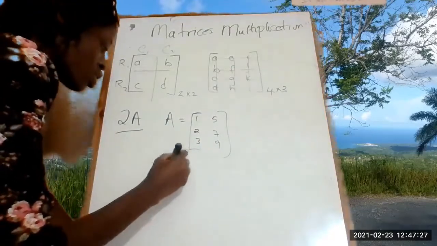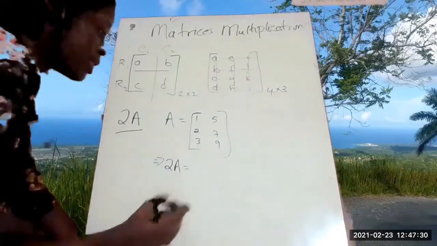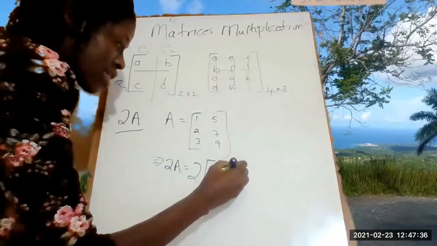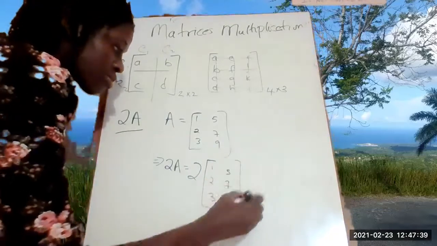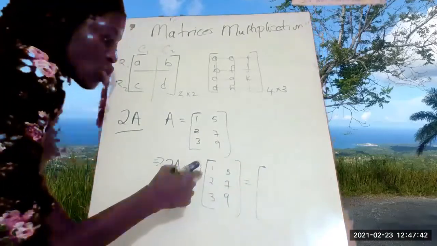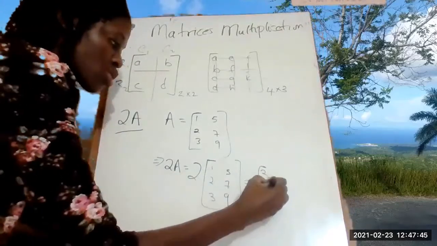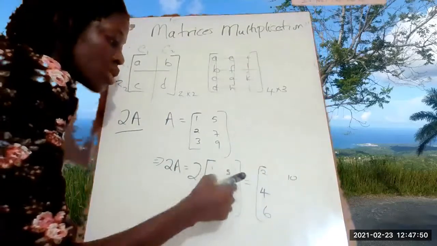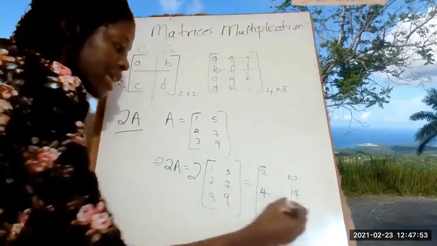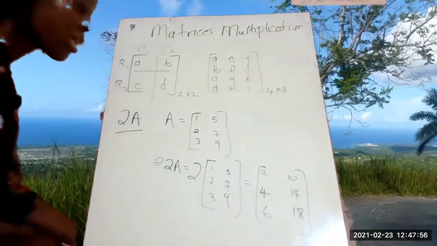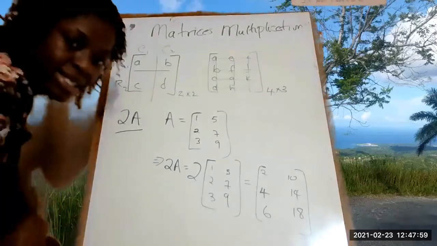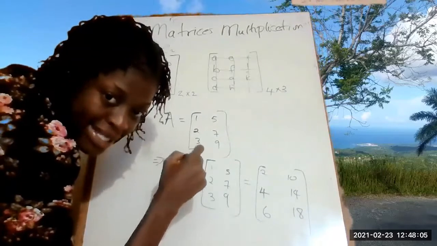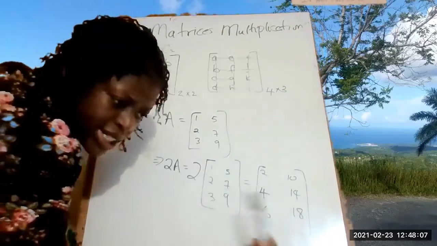So 2A would be 2 times the matrix, and I'm just being extra by writing this out, and that would be 2 times 1, 2, 2 times 2, 4, 2 times 3, 6, 2 times 5, 10, 2 times 7, 14, 2 times 9, 18. So if we're multiplying by a scalar, each element in that matrix is multiplied by that scalar.